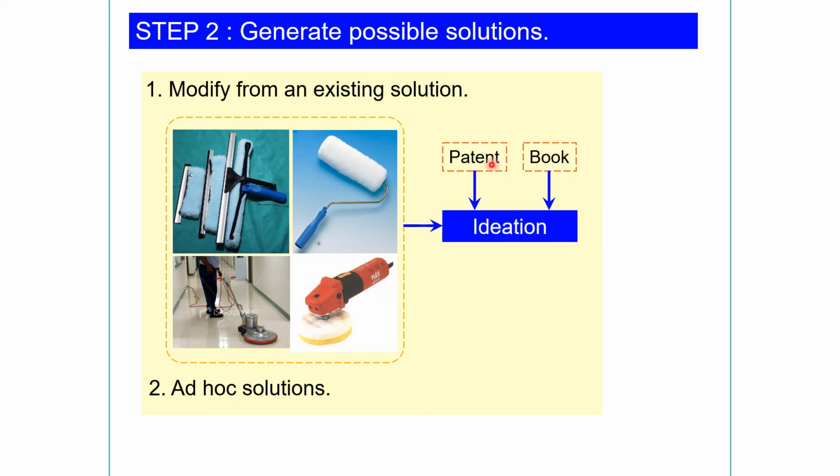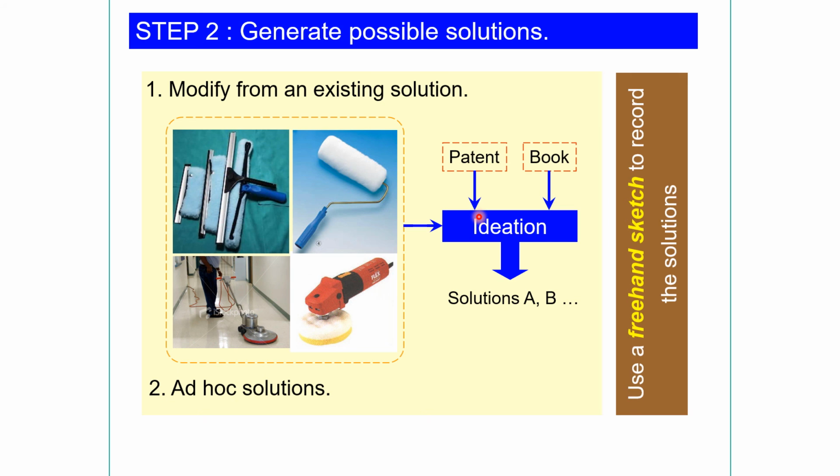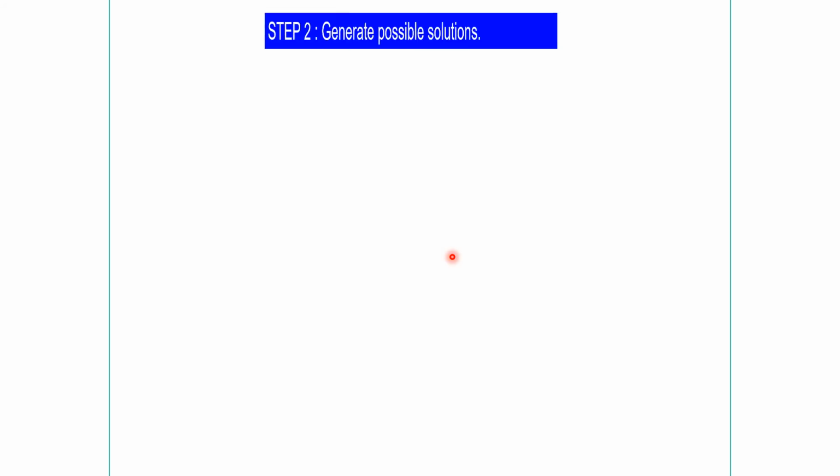From the book, from the research article, you can also take from the internet. So with multiple thinking, you have to select the idea. Solution A, B. Use a freehand sketch to record the solution. You have to use the freehand sketch to record the solution.